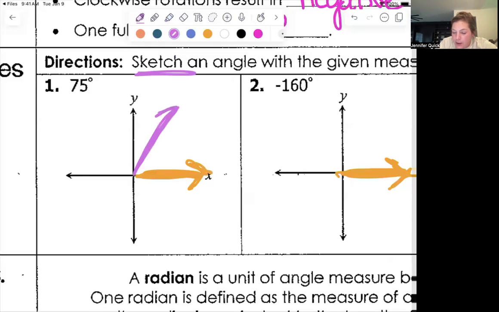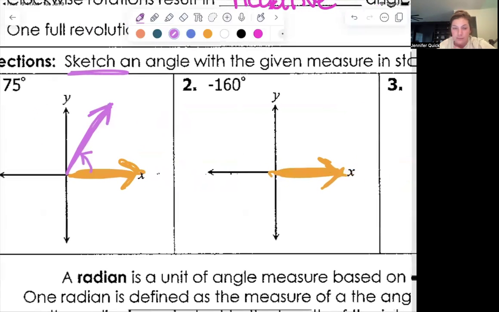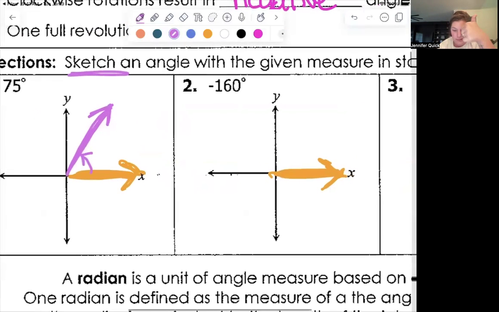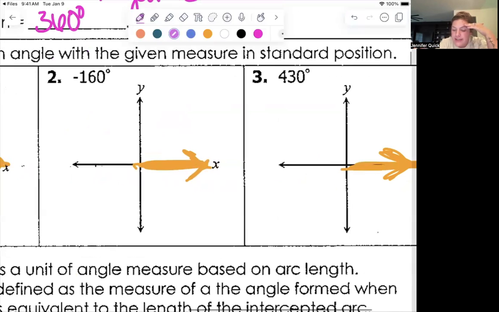That's going to be around about a 75-degree angle. Then I draw my arrow that tells the direction my terminal side went. So from here all the way up to here, that would be my 75-degree angle. Okay? Make sense? Cool.